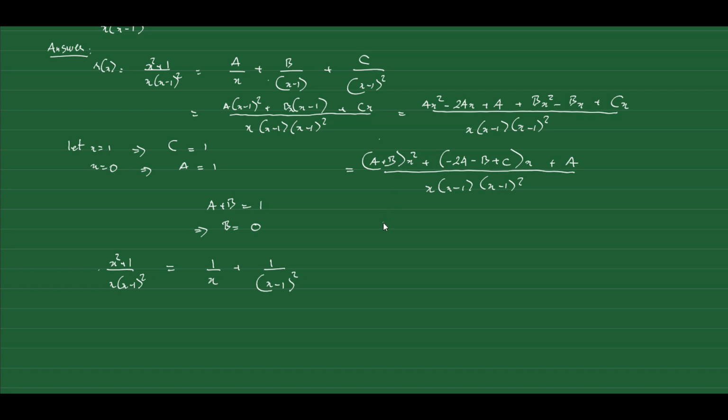Because if we have negative 2a minus b plus c equal 0, and c and a equal 1, so you have negative 1 minus b. C is also 1 equals 0, so b equal negative 1.